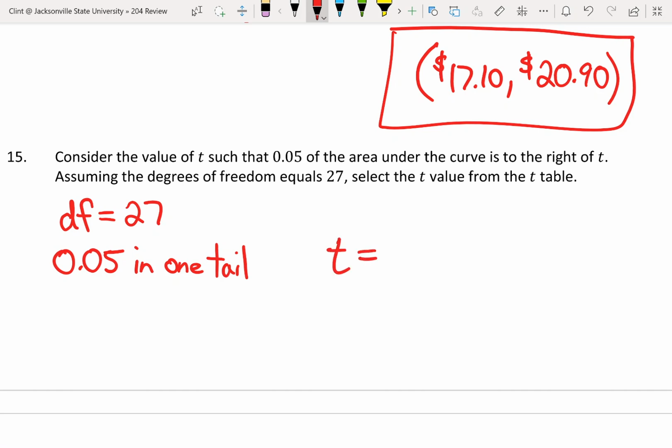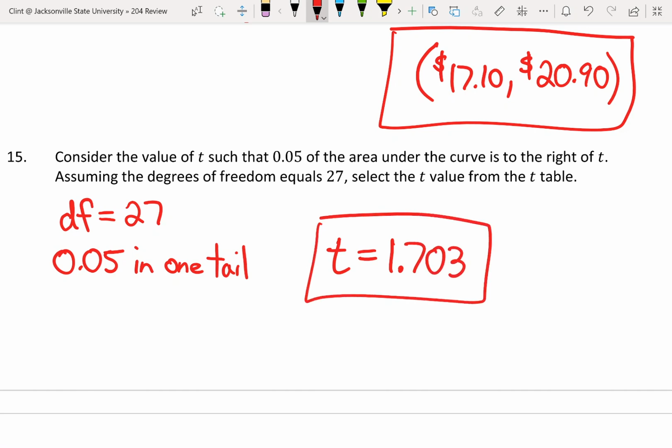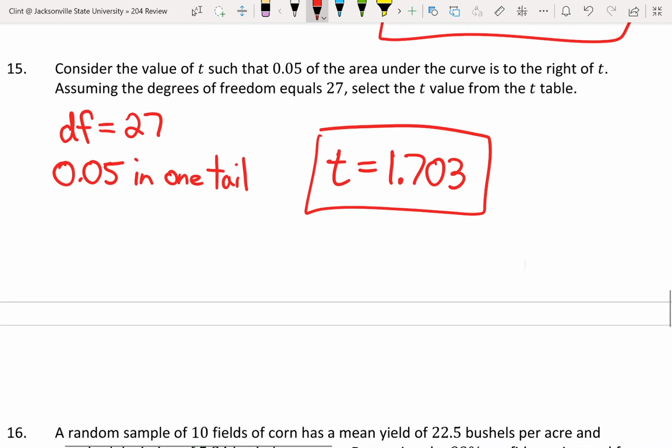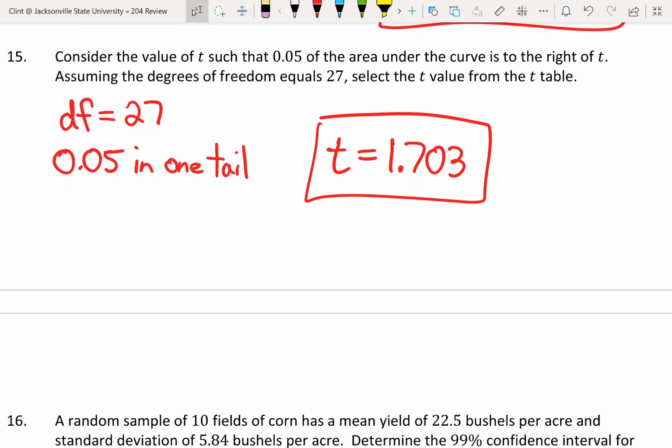T value here, 1.703. Just reading the T table. What would be different if it said our area was to the left of T? It would be almost the same problem, except our T value would be negative, right? We're on the left side of the curve, our T values are negative.